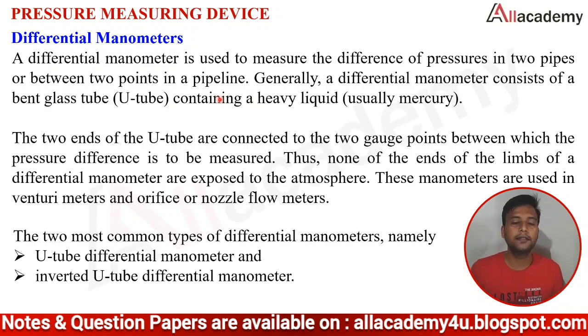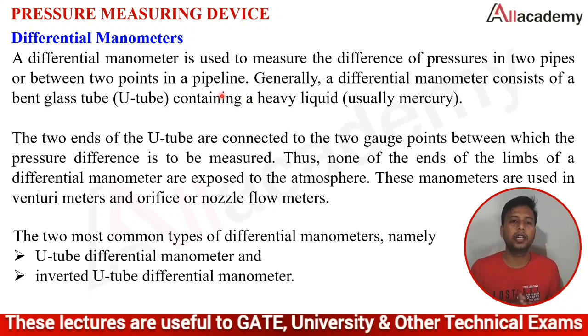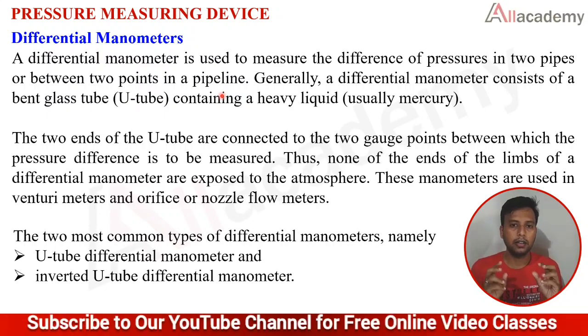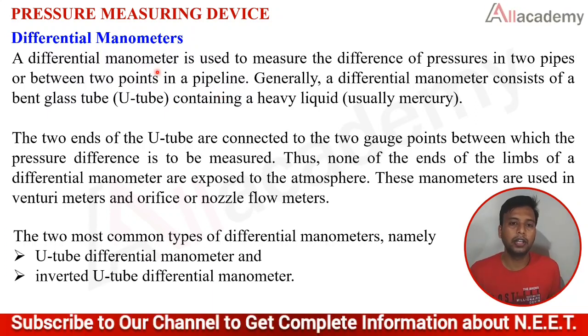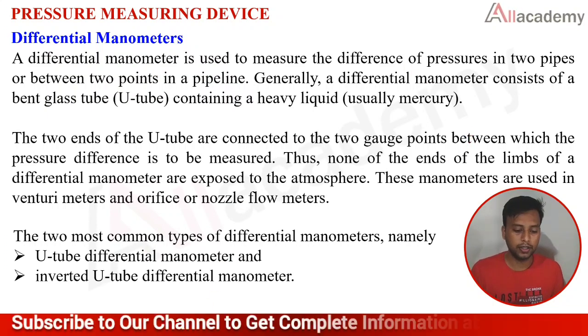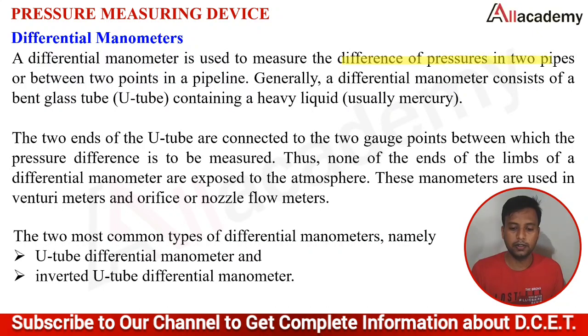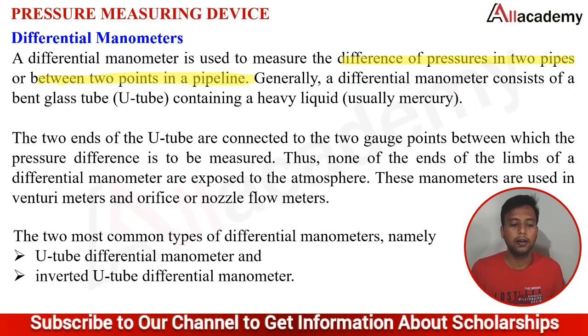In all the previous cases, the manometers we discussed gave you only the pressure at one point, but differential manometers are devices which give you the pressure difference between two points in a pipeline.